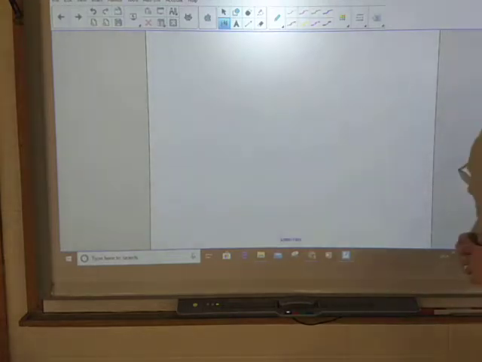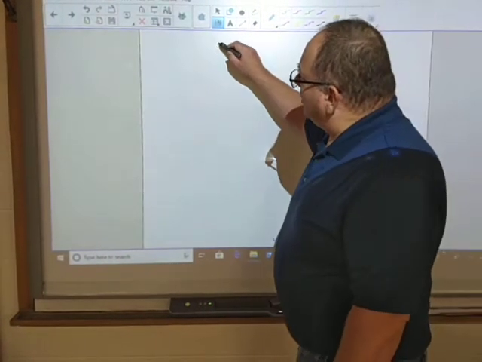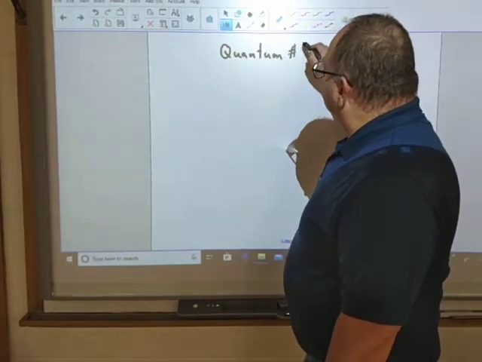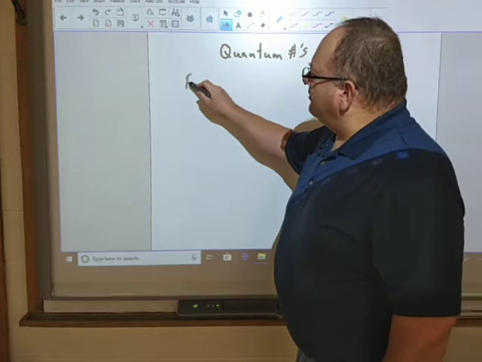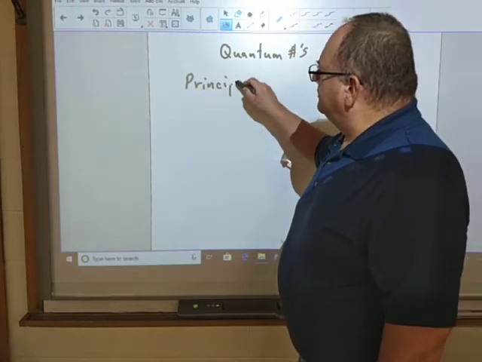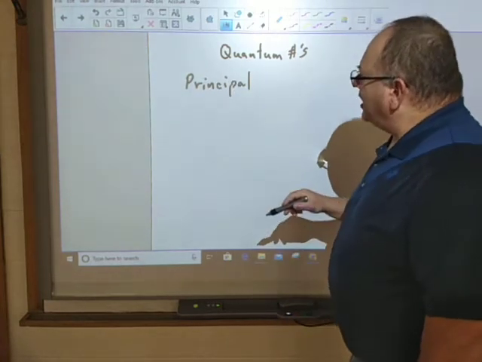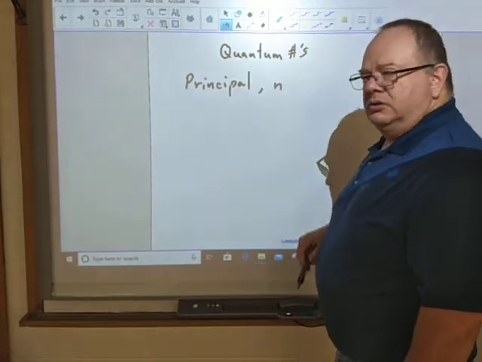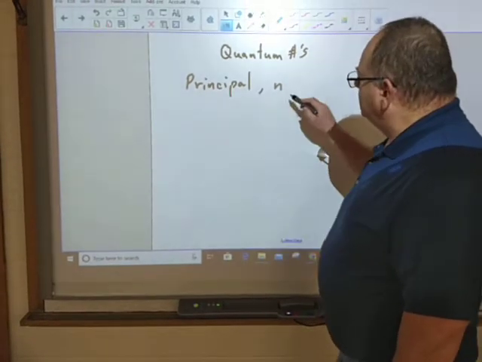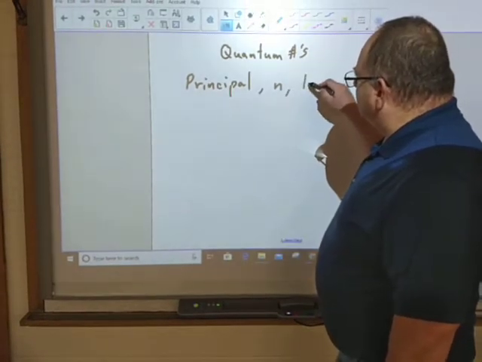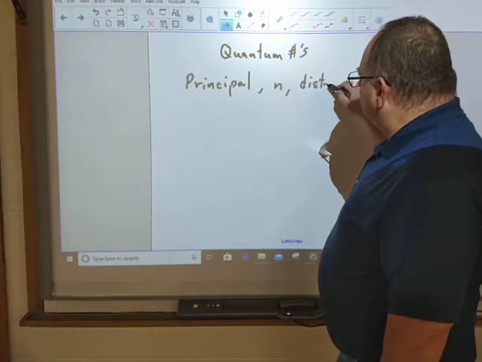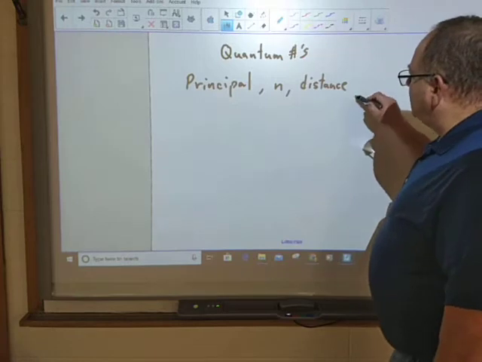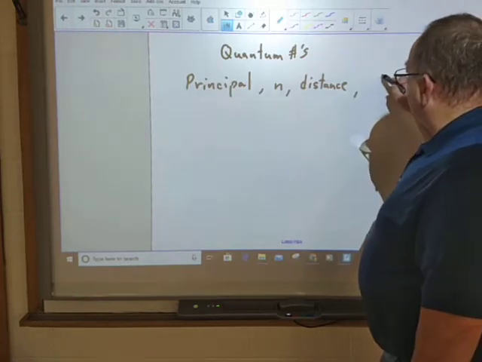I'm going to just insert a page here. Let's get a reminder about our quantum numbers. So we had the principal quantum number, and the principal quantum number has the symbol n. It's basically about distance from the nucleus, and in our electron hotel, it was represented by the floor.